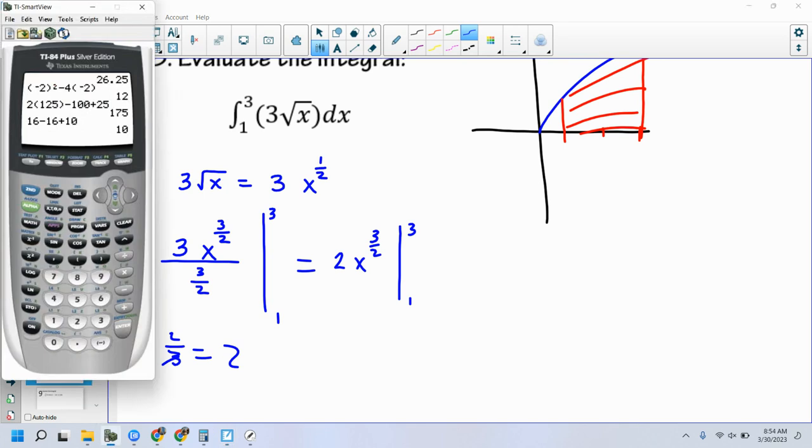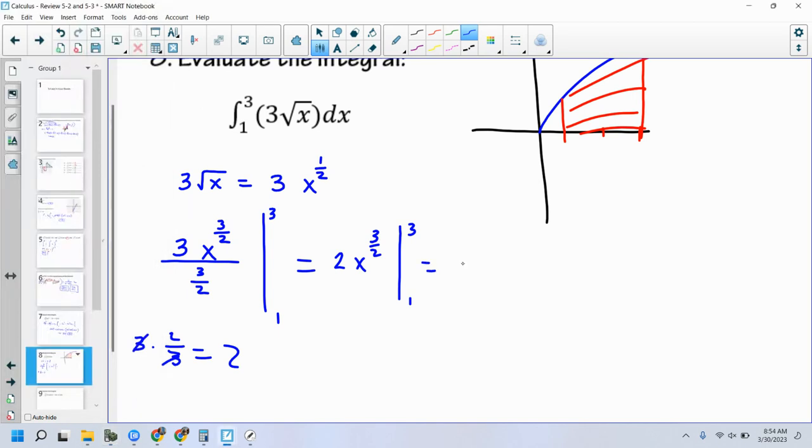Right? I'm doing that right. 3 divided by 3/2 is 2, right? Okay. All right, so let's plug in 3. So we got 2 times 3 to the 3/2 minus, then we plug in 1, 2 times 1 to the 3/2.